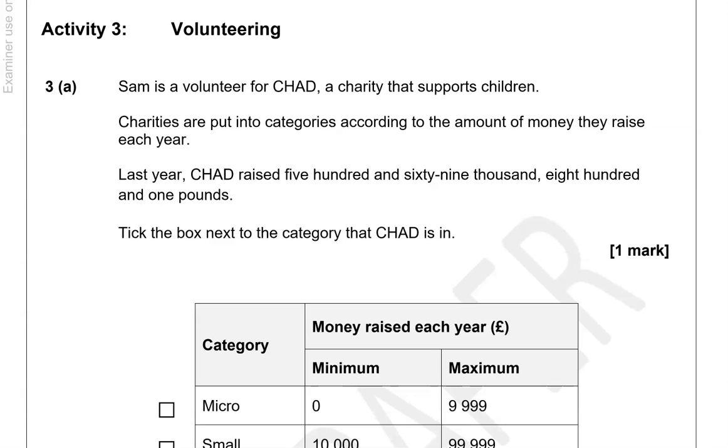Activity 3, volunteering. Sam is a volunteer for CHAD, a charity that supports children. Charities are put into categories according to the amount of money they raise each year. Last year, CHAD raised £569,801.